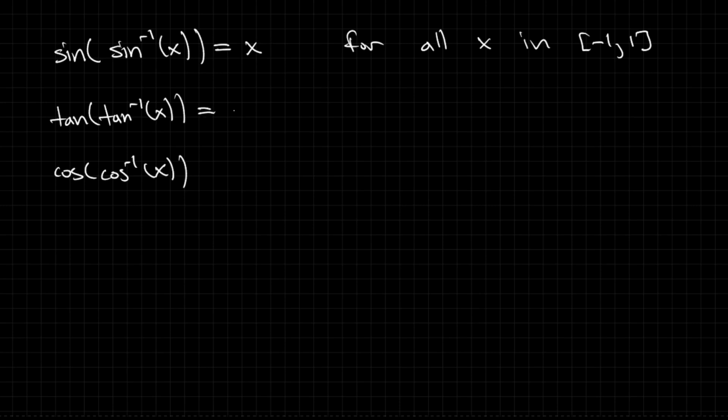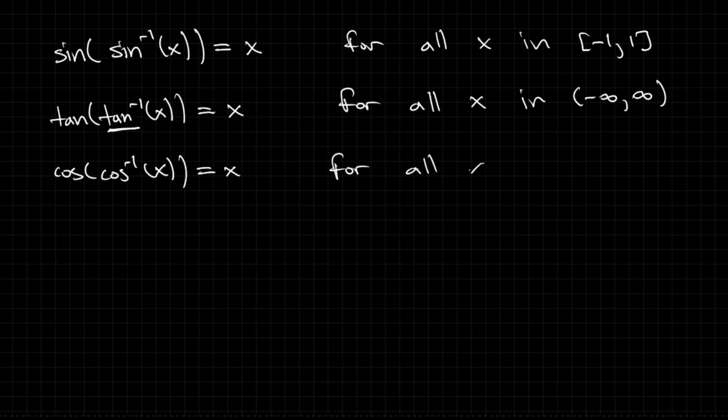For the second one, this will be equal to x for all x in the domain of the tangent inverse function. And the domain of the tangent inverse function is all real numbers. So all x in minus infinity, comma infinity. And then finally, cosine of cosine inverse of x will be x for all x in minus 1, comma 1, because the domain of the cosine inverse function is minus 1, comma 1.